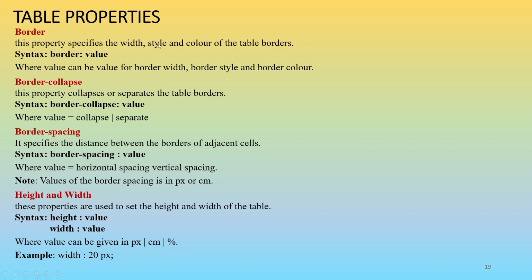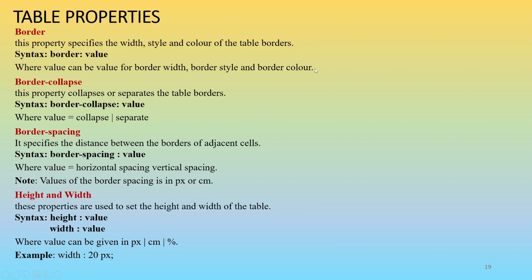Then the style: there are many styles of border, like a solid line, a dashed line, a dotted line, or lines with any design, and it may have different types of colors. So here I am writing the syntax as border, then colon, value, where value would be the border width, then border style and border color.